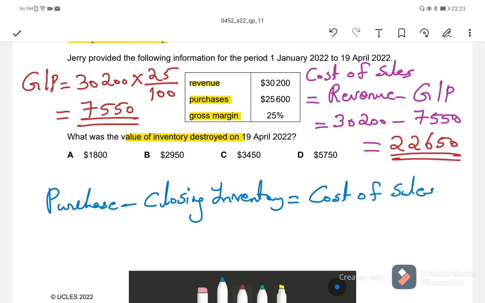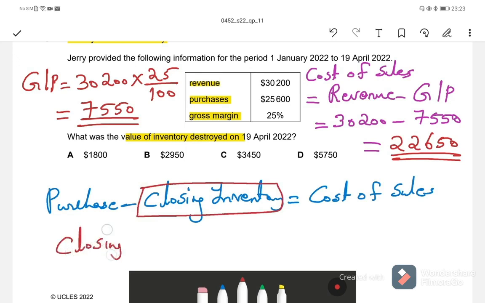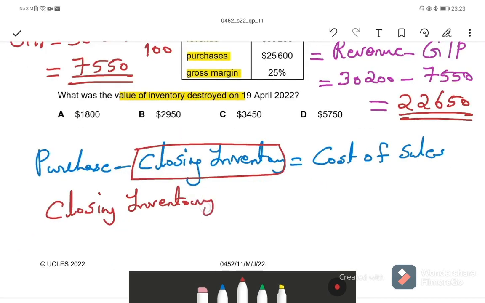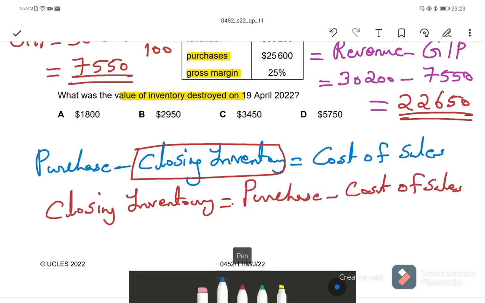So closing inventory is equal to purchase minus cost of sales. What is the amount of purchase?